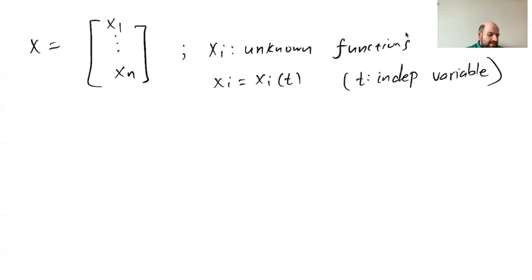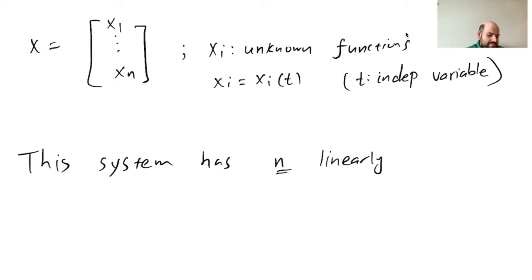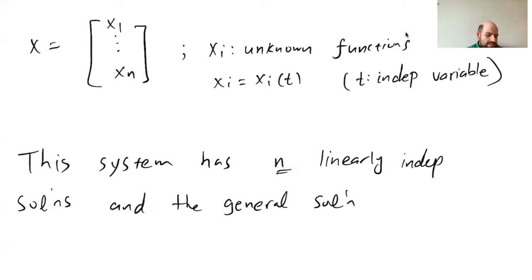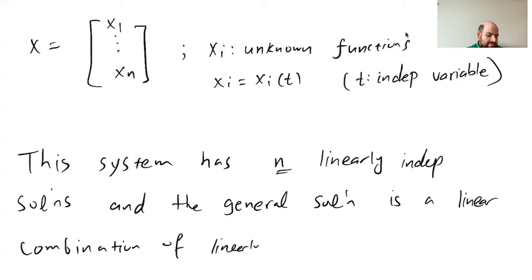And we saw that this system has n linearly independent solutions, and the general solution is a linear combination of linearly independent solutions.